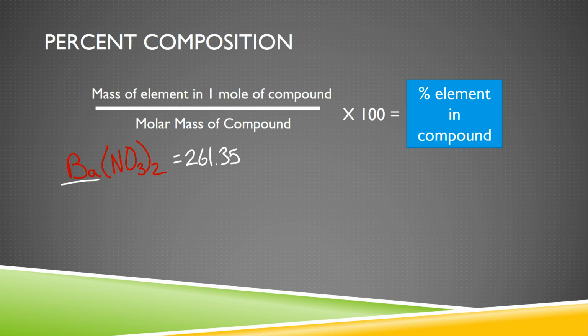So if I wanted to figure out what my percent of barium is, I would take that I have 1 mole of barium in 1 mole of barium nitrate, so I have 137.33 divided by 261.35 times 100. So what is my percent of barium in this compound?